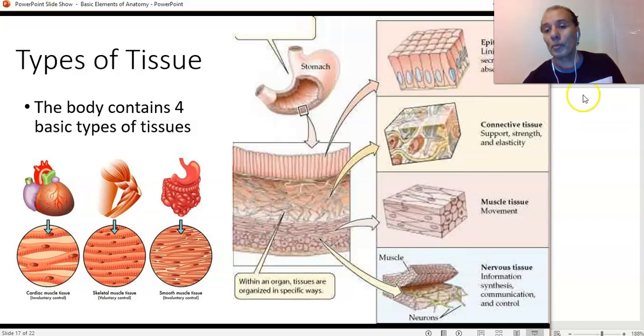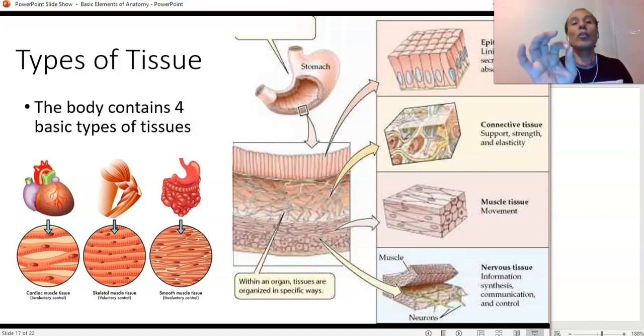Connective tissue provides support, strength, and elasticity. That connective tissue includes bone. Believe it or not, blood is connective tissue. And then muscle tissue. The main property of muscle tissue is that it can contract if it is given an electrical current. So muscles are stretchy, flexible.